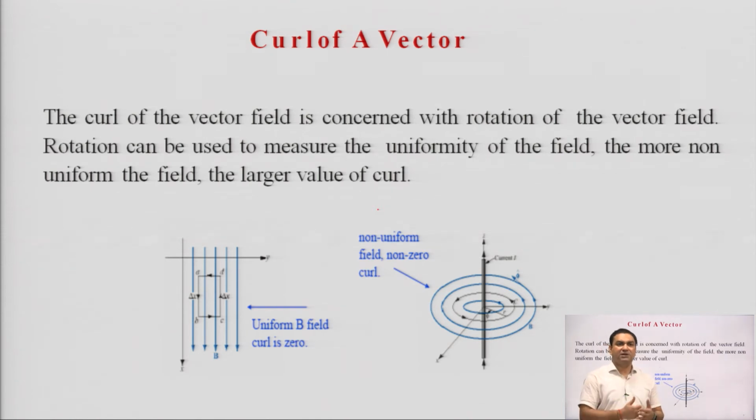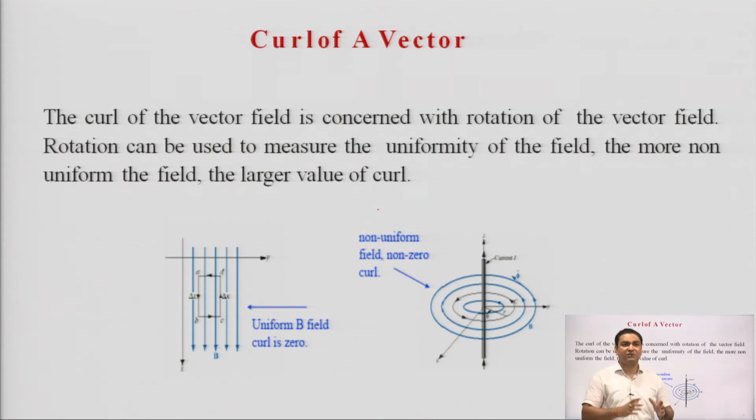The curl of a vector field is concerned with the rotation of the vector field, and this rotation can be used to measure the uniformity of the field. It is uniform, it is non-uniform, the value of the curl identifies this.